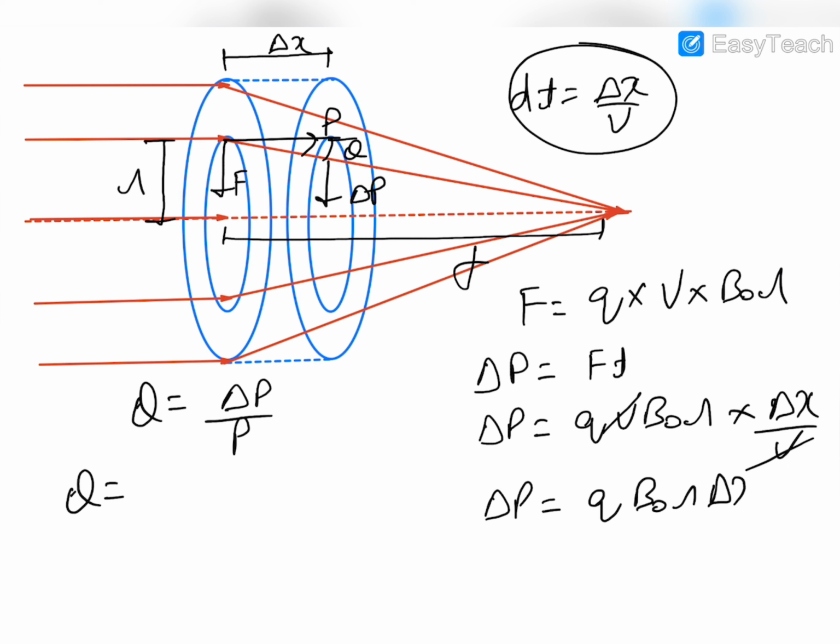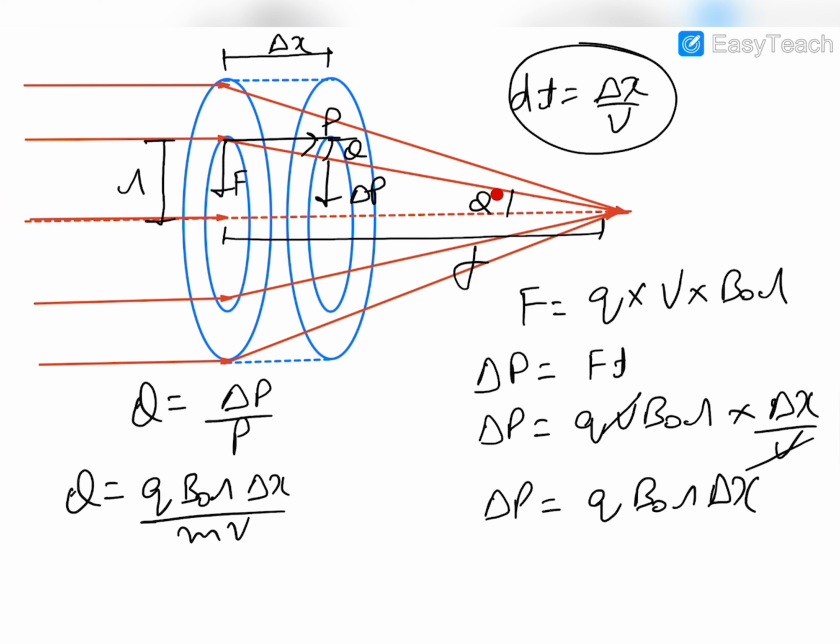So theta will be equal to q B naught r delta x by the original momentum, which is mv. This is theta, and obviously you can see that this angle is also theta.